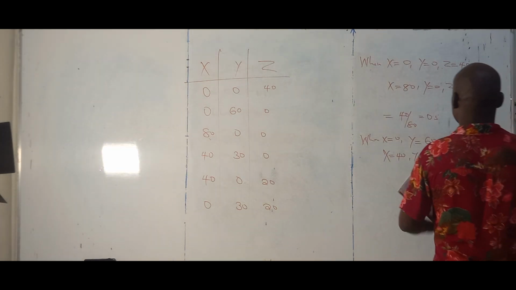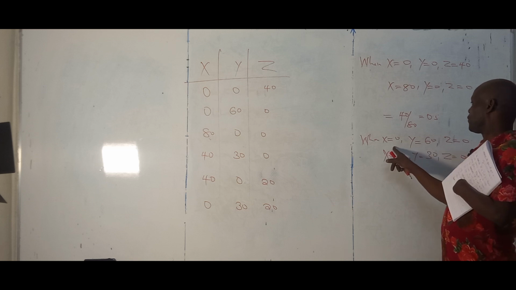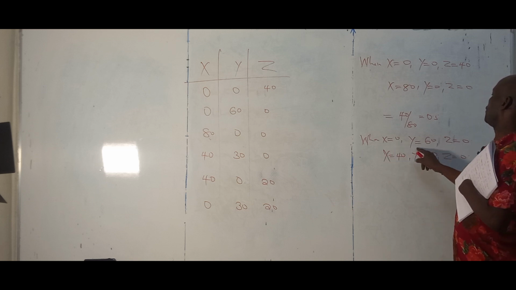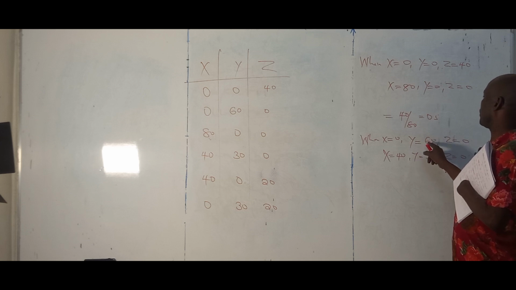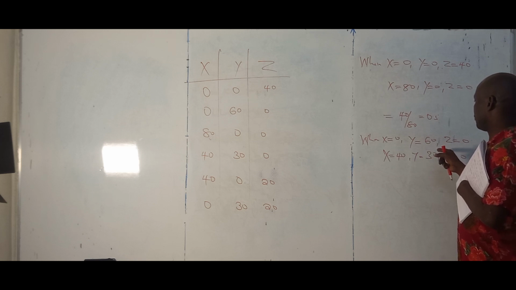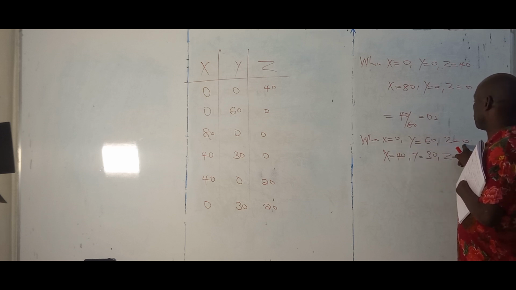So we see that when this farmer is producing no unit of X, by actually obtaining output of 60 from that particular land, it means that he only committed Y, and committing Y means X didn't give an output and Z didn't give an output.